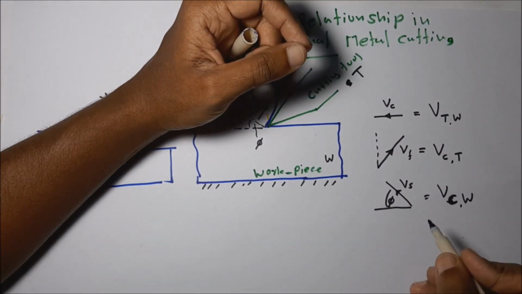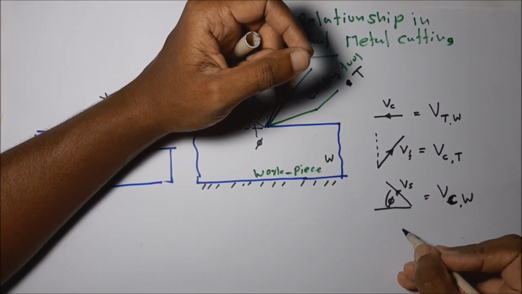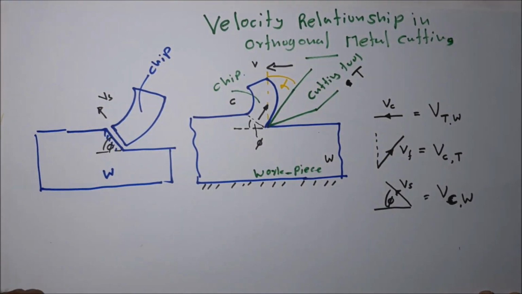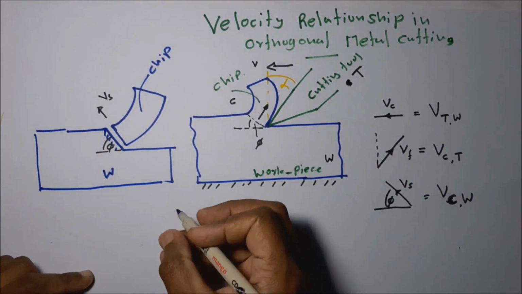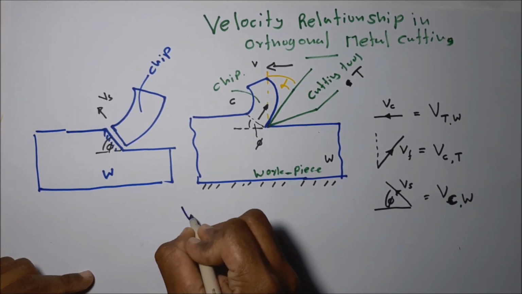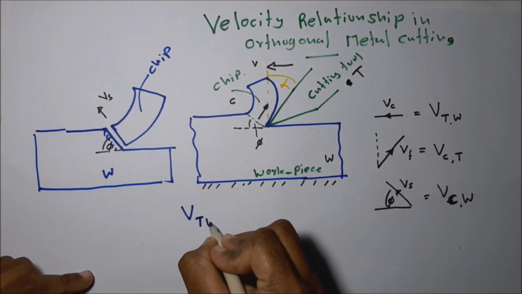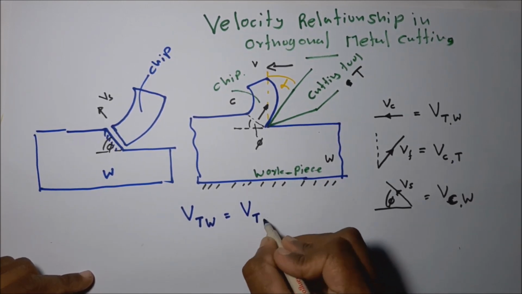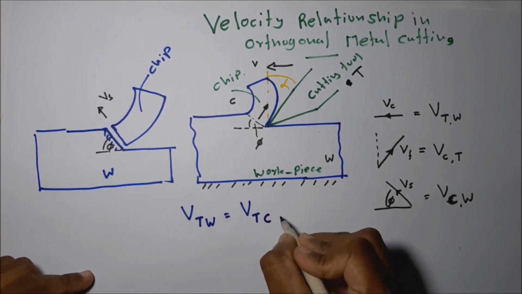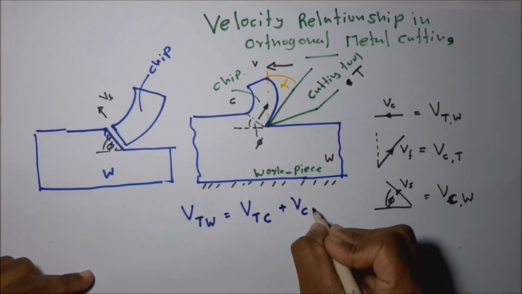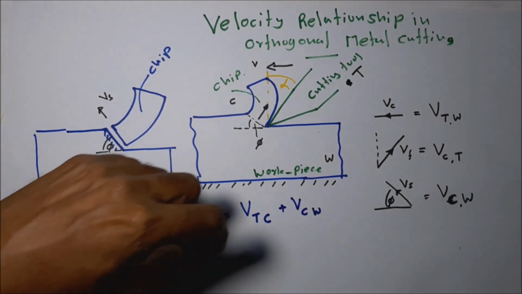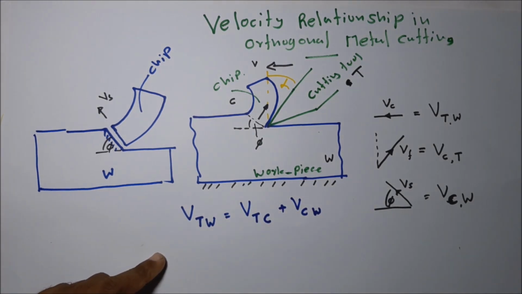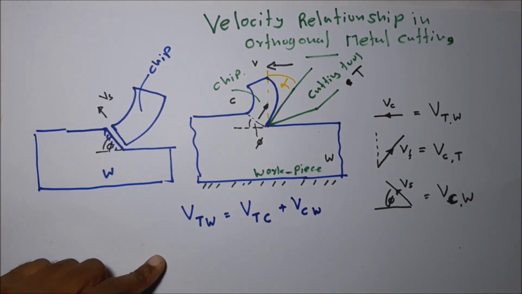First I am going to draw the relative velocity diagram using the relative velocity equation, VTW is equal to VTC plus VCW. You are familiar with this equation from your A level.